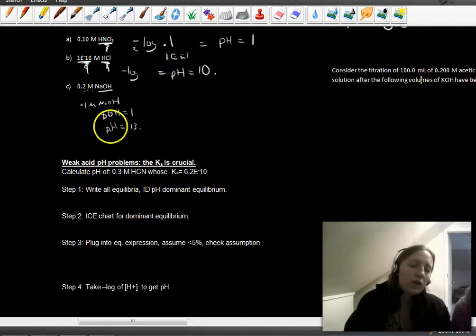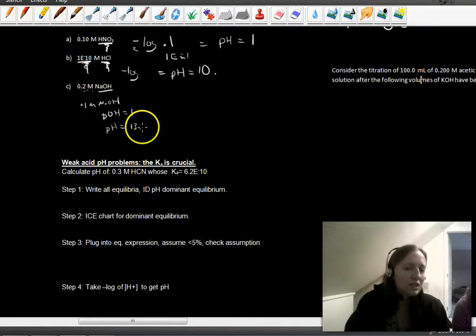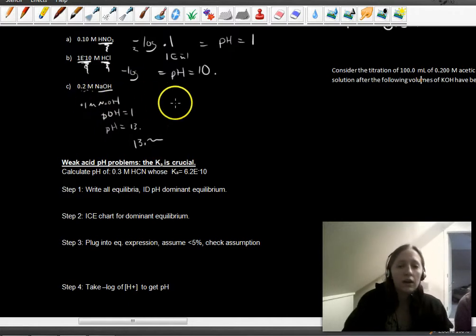So it's somewhere close to this, but because it's a logarithmic scale and it's 10 times every time you jump up, it's hard to tell what 2 times is. So it's a bit more basic than pH 13. It's 13 point something. That would get you enough in a multiple choice question. But this is a strong base because it contains OH instead of having an amine something or other.